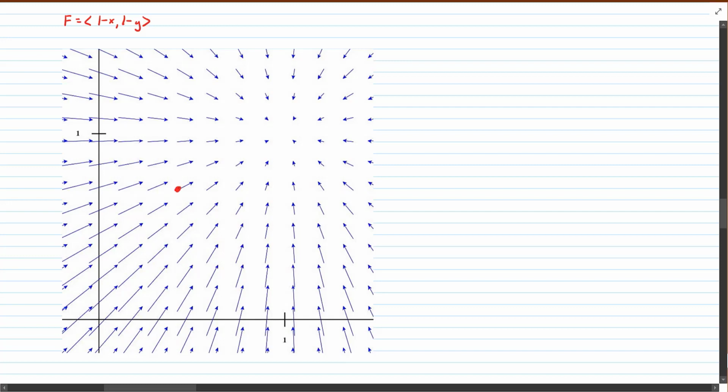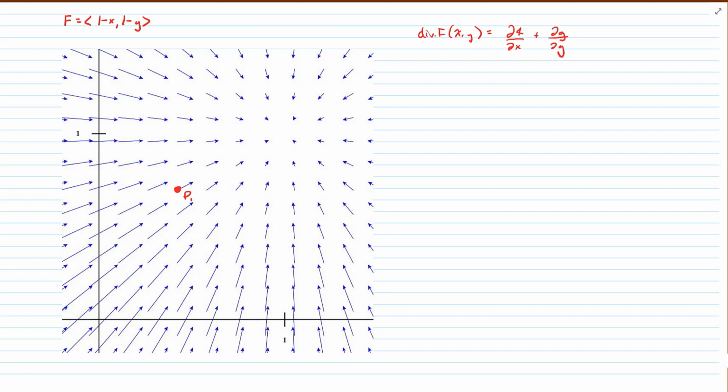I'll pick this point right here, and let's call that point P1 maybe. So the first thing I'd like to do is let's actually look at how we gave the divergence as a statement, where we said the divergence of f at a point x y would be partial f partial x plus partial g partial y.